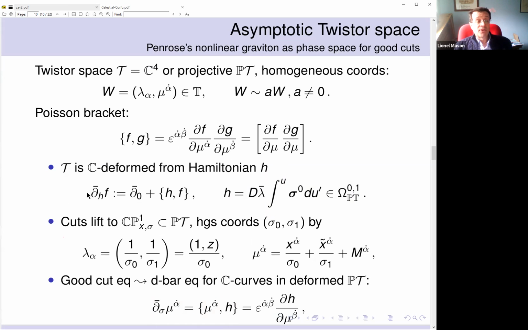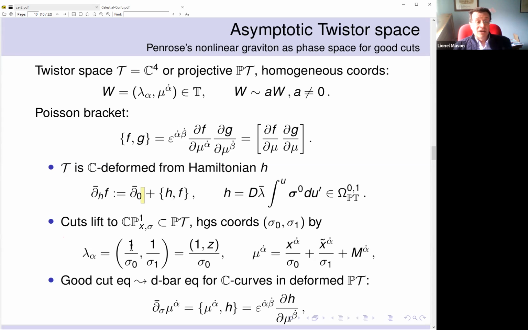And this defines a complex structure on the twistor space. So if you have a function f of these w coordinates that's not necessarily holomorphic in w, then d bar sub h of f is the flat d bar of f plus the Poisson bracket of h with f. And so this is a description that George Sparling came up with back in the 70s, a connection between the Newman and the Penrose versions.